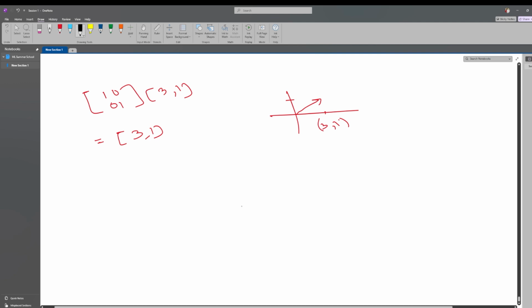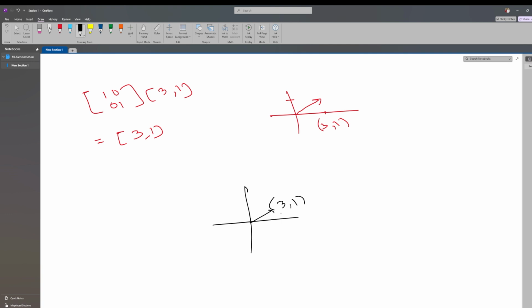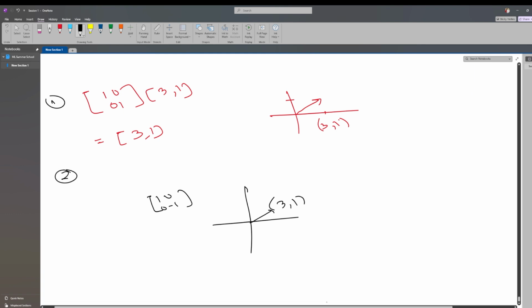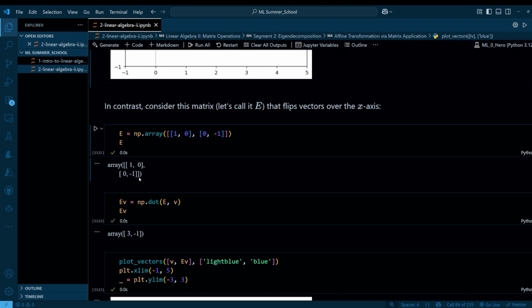We have this 3, 1 vector, and we multiply it with a matrix that is not the identity, maybe 1, 0, 0, minus 1. So now you see the matrix we do have.